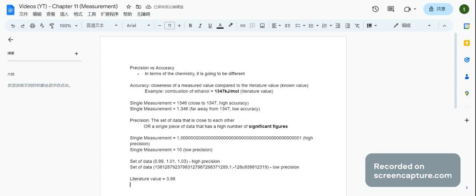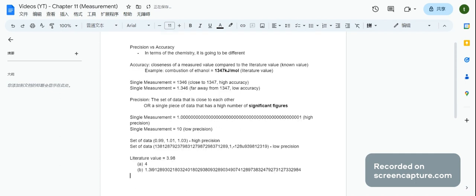Two students obtain two different values, which are going to be 3.99 and this. Comment on the precision and accuracy of the two values.